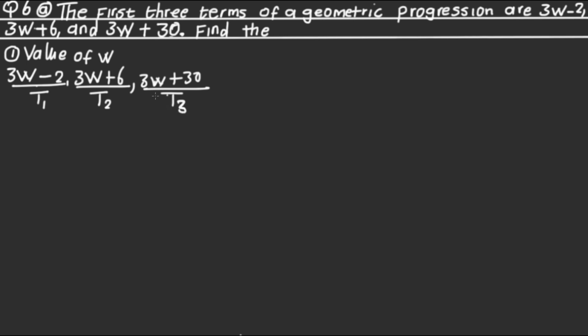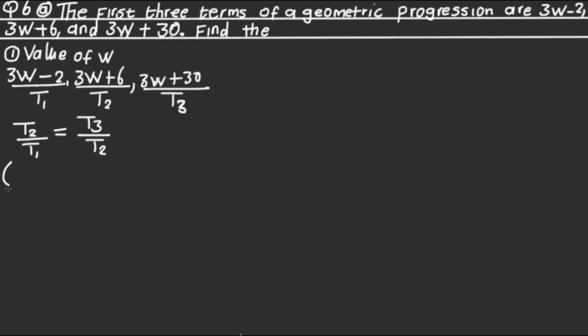So how do you solve questions like this one where you are given 3 terms and told to find the value of a given letter? You need to use the concept when finding the common ratio. The common ratio can be found by the second term divided by the first term, which is the same as the third term divided by the second term. So this is where the concept is coming from. I'm just going to do the substitution.